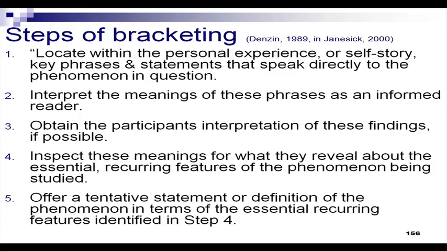Then the second step is interpreting the meanings of these phrases, statements and indicators as an informed reader. That is the second step. So first we identify what is going to indicate that it connects with the phenomenon.